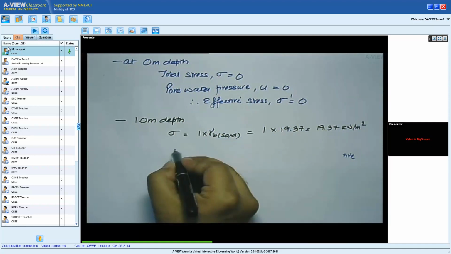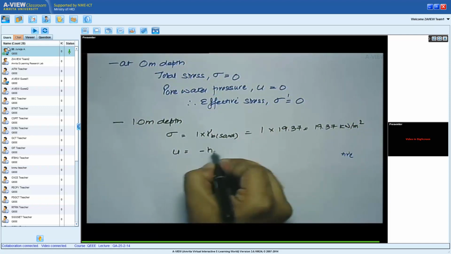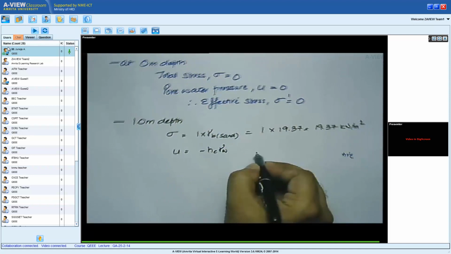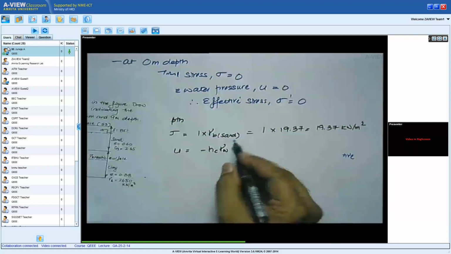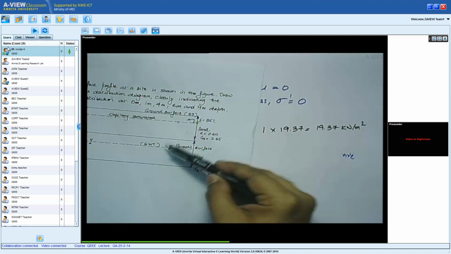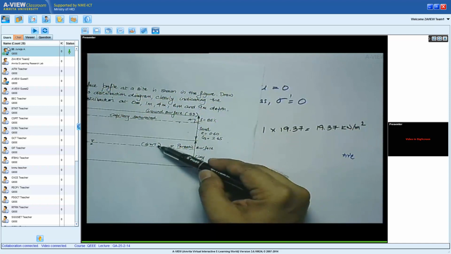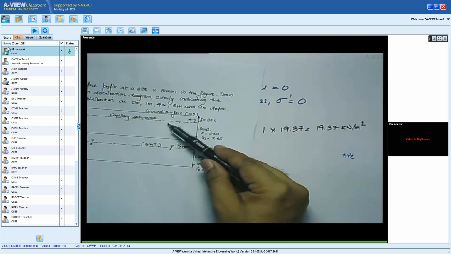What about the pore water pressure? Pore water pressure at 1 meter equals minus Hc times gamma W. Hc is the elevation measured above the groundwater table level and up to this level. Remember, this is capillary saturated, so from there to there is all negative.